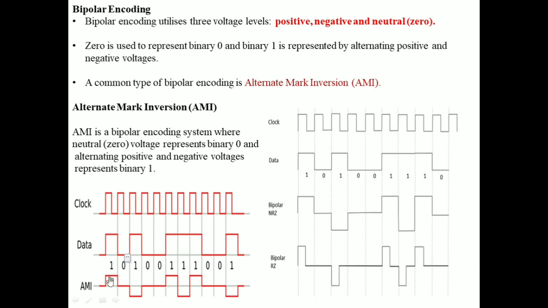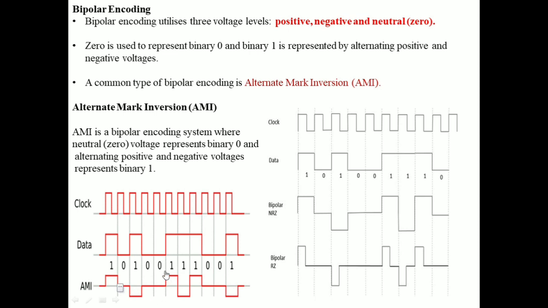Here the first 1 is represented on the positive side and 0 is represented by 0 only, and for the next 1 it will be reversed, that is alternating positive and negative. For the previous one it is positive voltage, for the next one it is negative voltage. For 0 it is 0, for 0 it is 0, and for 1 now it is positive because the previous one has been given the negative representation.